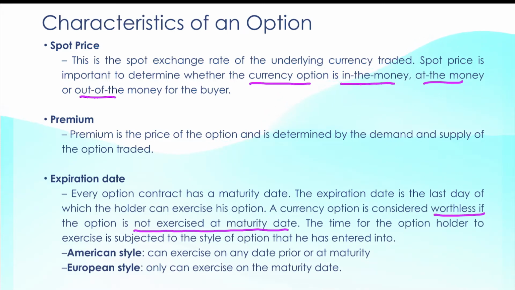The time for the option holder to exercise is subject to the style of option that he has entered into. For example, American style can exercise on any date prior to maturity, but European style can exercise only on the maturity date. So that is the difference between American and European style.